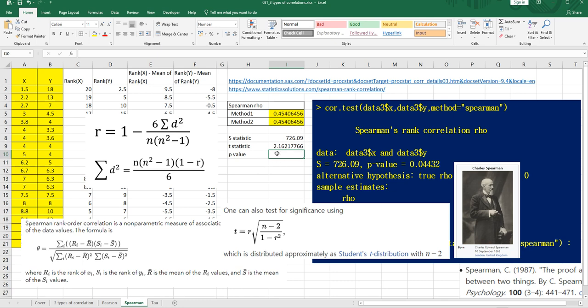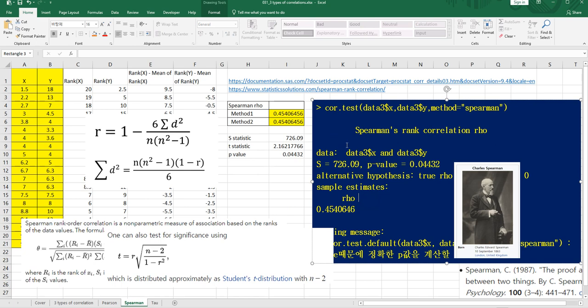Based on this t statistic, we can also calculate the p-value by using the t distribution: t dot dist dot t, with x from the t statistic, and the degrees of freedom is n minus 2, because n minus 2 is equal to 18, right?